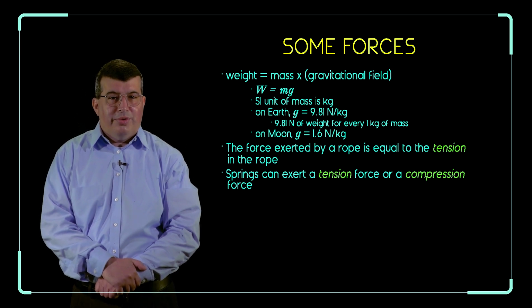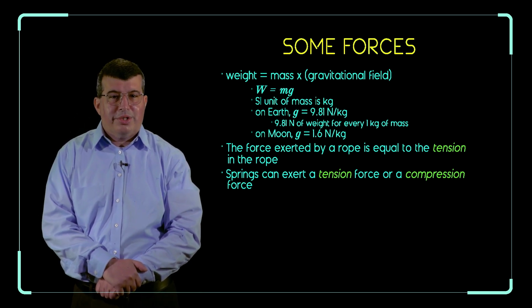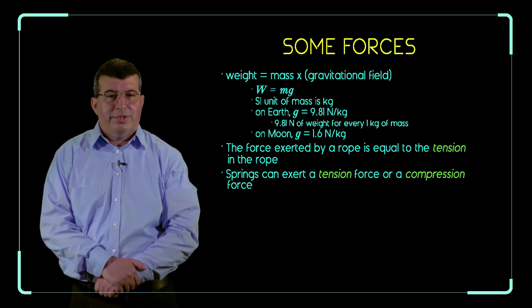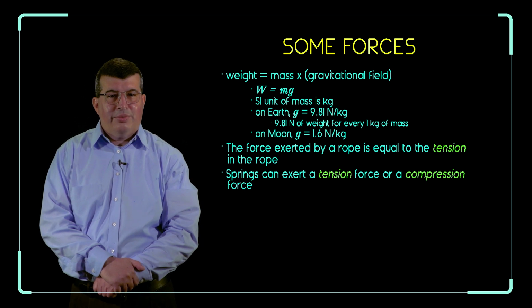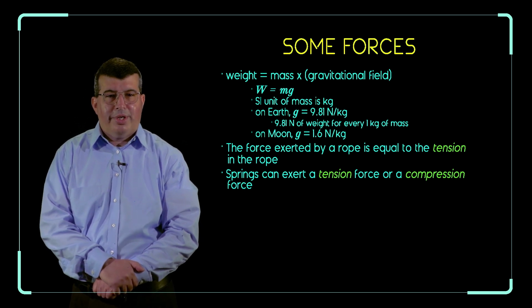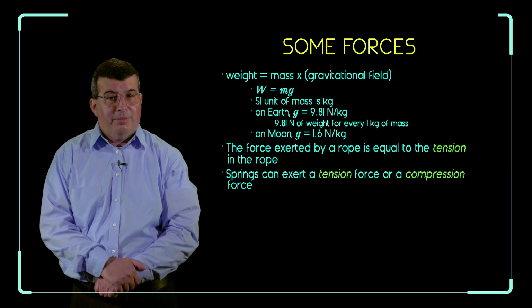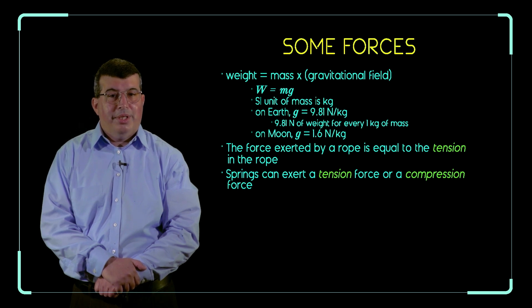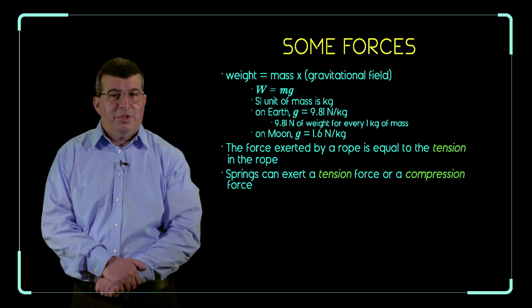The compression force would have units of newtons. So the direction of the force is either in the direction of the rope or in the direction of the spring, or possibly with the spring, the force could be away from the spring. So let me draw a few diagrams to explain that.